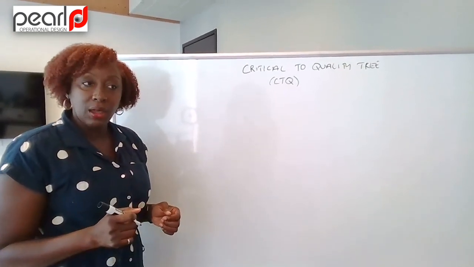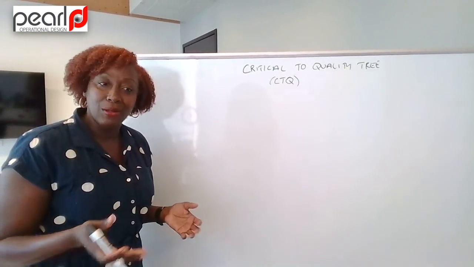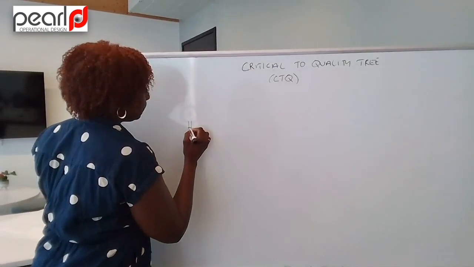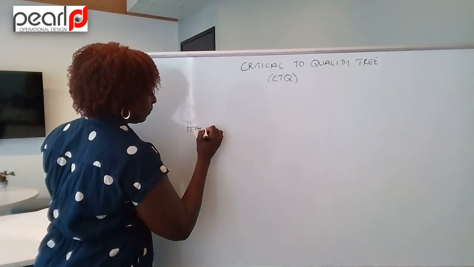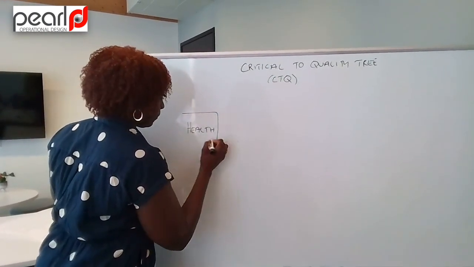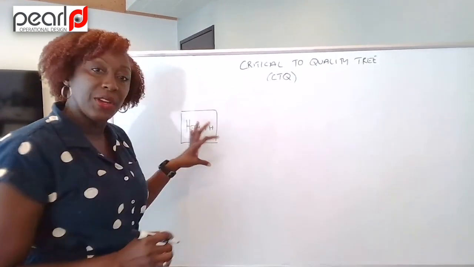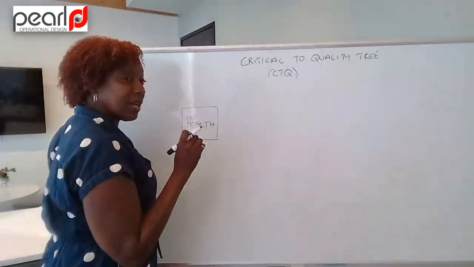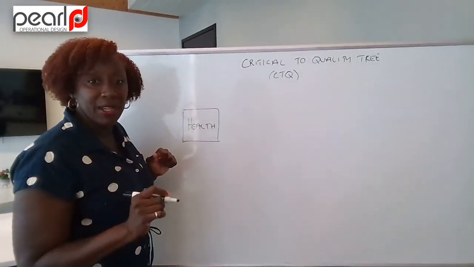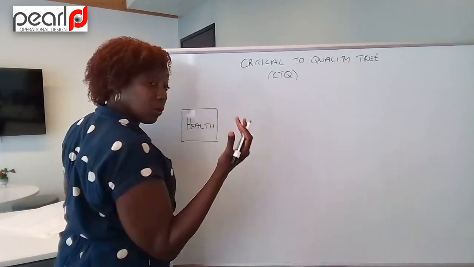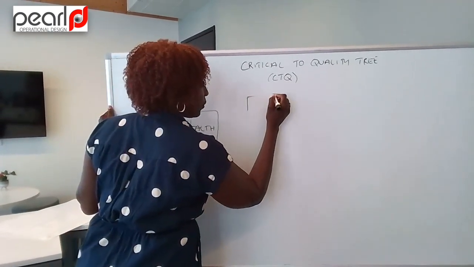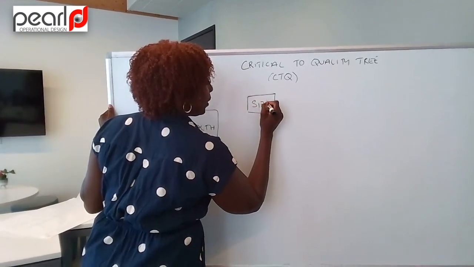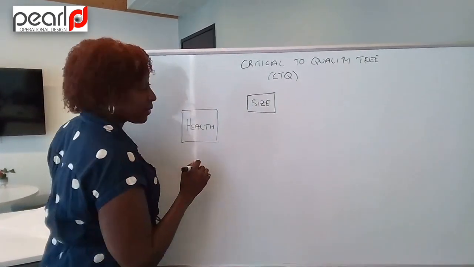But when you have something like health, so let's talk about health, it's very difficult to say, how am I going to measure this? So then you identify what we call drivers. One of the drivers, and you can name it differently, there's no right or wrong, is size.